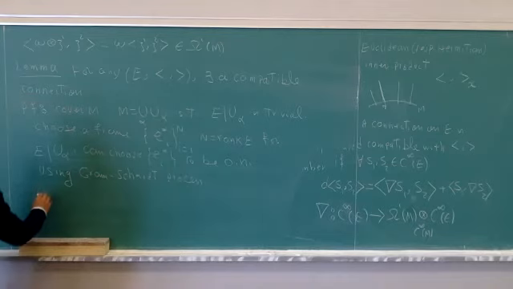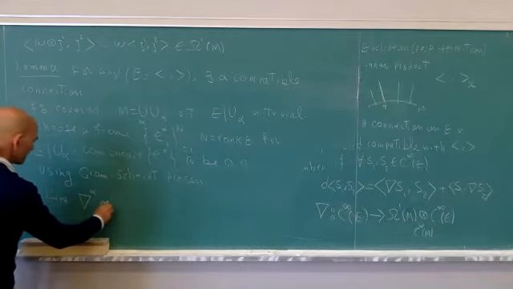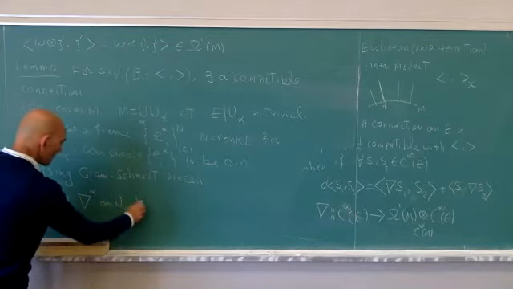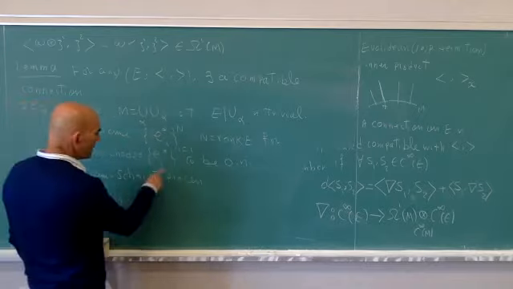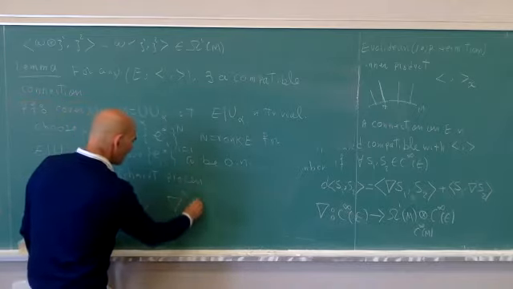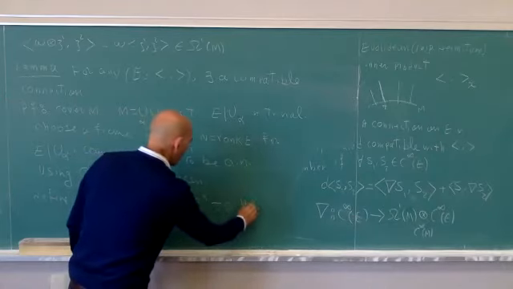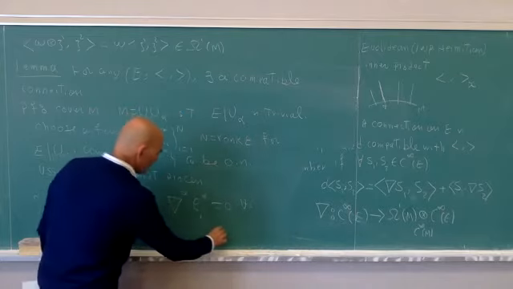Now let us define a connection on U alpha. So first of all, I declare these things to be flat. I just say nabla alpha of e i alpha is equal to 0 for all i. So these are flat sections.